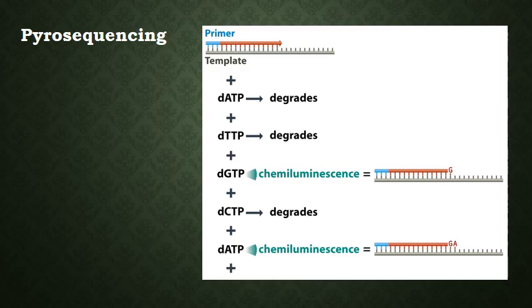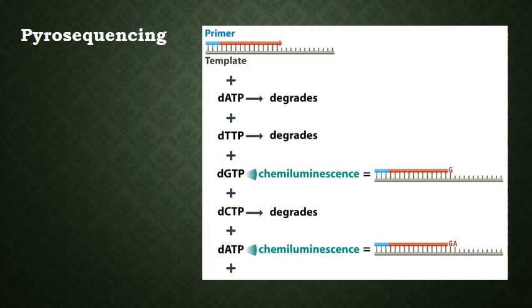In pyrosequencing, the template is copied in a straightforward manner without added dideoxynucleotides. As the new strand is being made, the order in which the deoxynucleotides are incorporated is detected, so the sequence can be read as the reaction proceeds.